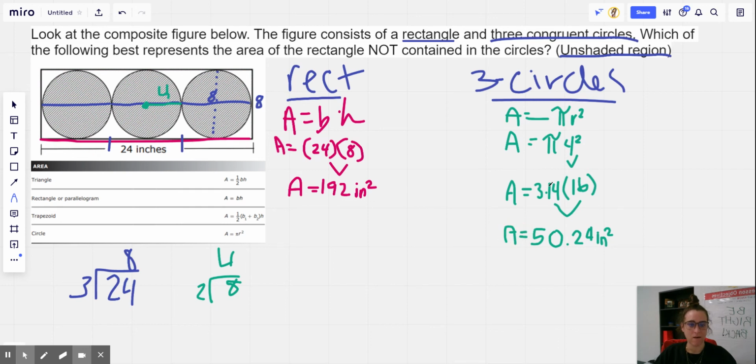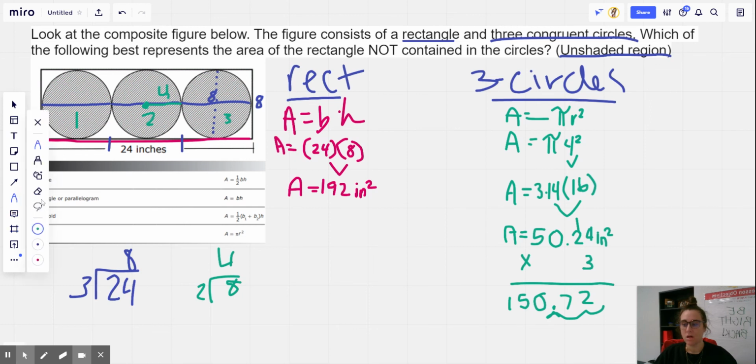Now, that's the area for one circle, but we have 3 circles. So we're going to multiply this times 3. Two decimal spots, and you have 150.72.